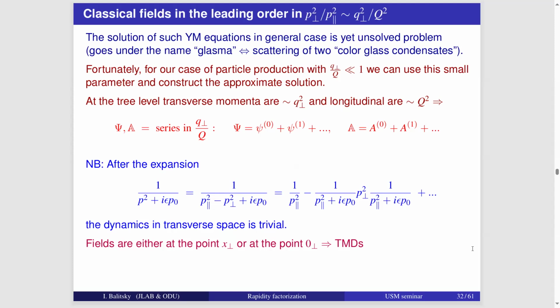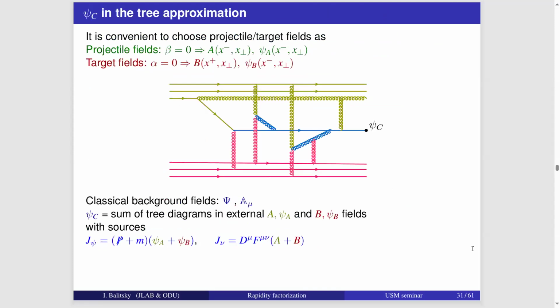Fortunately, for our case of particle production with this parameter, we can use this small parameter and construct the approximate solution. If this parameter is small, what happens in those diagrams, well, there are some propagators.